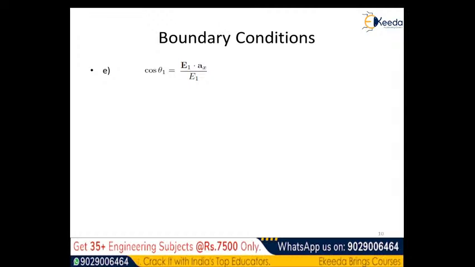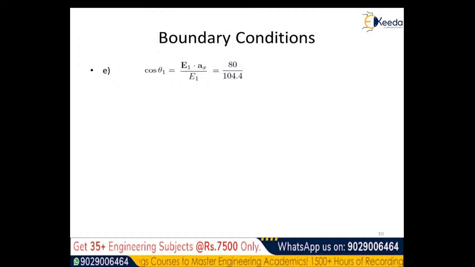If we substitute the answers from part A and part D, part A answer was 80 volts per meter, part D answer was 104.4 volts per meter. So in the numerator we put 80, in the denominator we put 104.4.